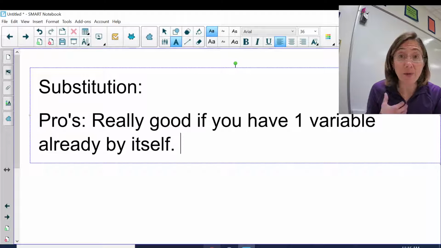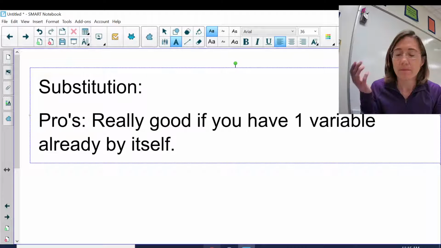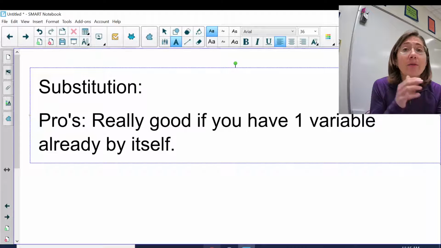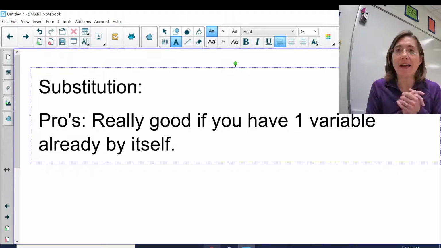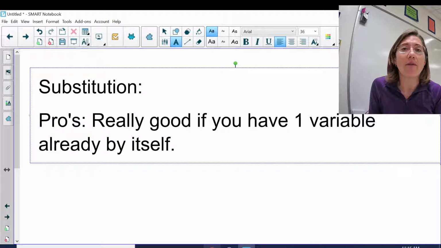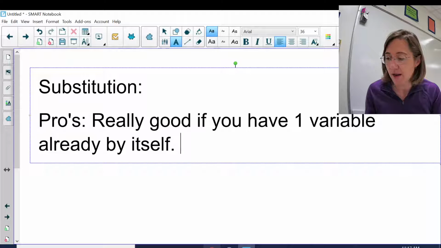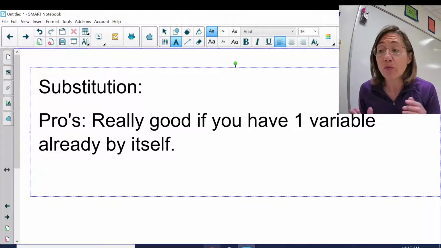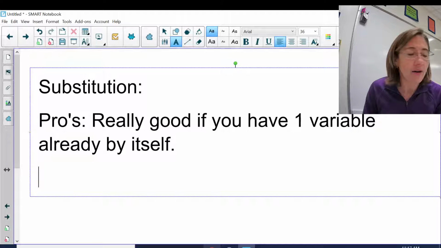In this case that we did, we had the red equation said y equals whatever. So the y was already by itself. That is like saying, please use substitution to solve this, okay? If you have that, it's like perfect setup for substitution. It's really good if you have one variable already by itself.